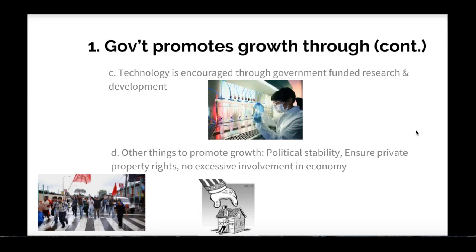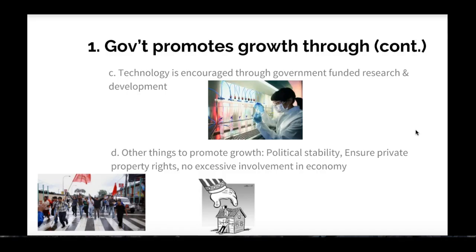You don't want the government constantly meddling in things, because then that stifles growth. Because if the government's constantly pushing that you have to pay more taxes or follow more regulations, that doesn't encourage growth either. So there has to be some sort of balance.